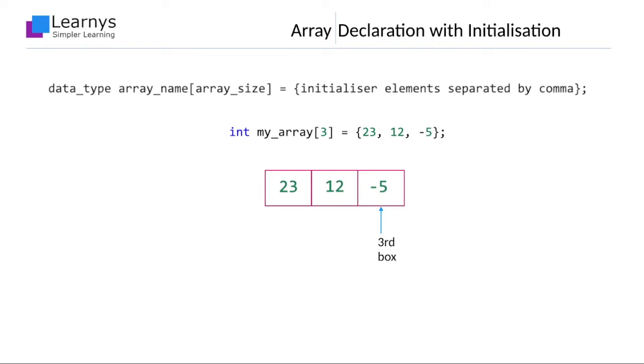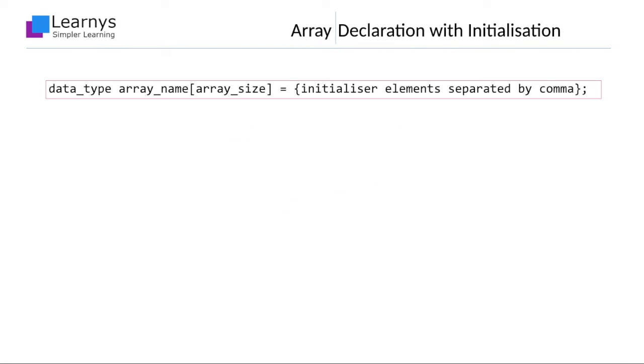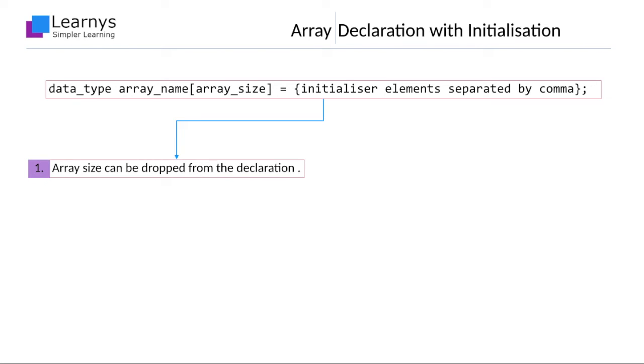A few important points about this style of initializing arrays while declaring them should be understood and noted. If we are declaring and initializing an array at the same time, the array size can be dropped from the declaration statement. The compiler will infer the size of the array from the number of initializer elements provided. For example, the previous statement can be rewritten like this.